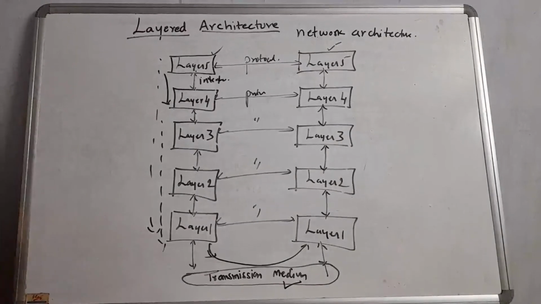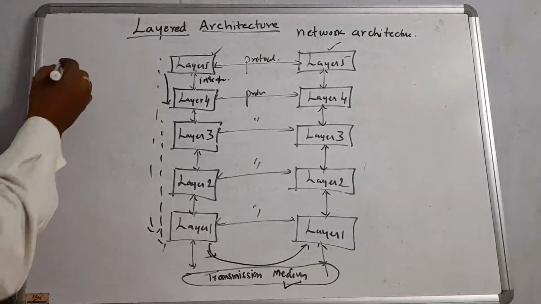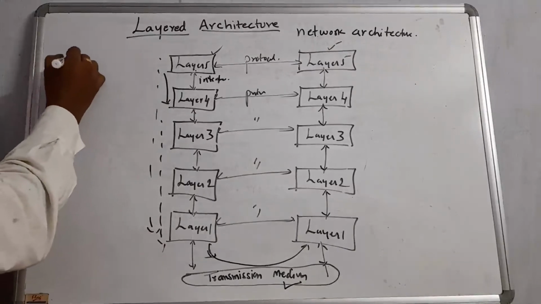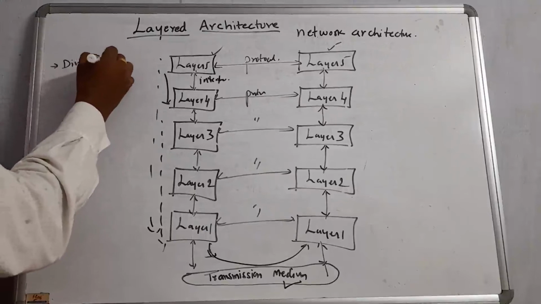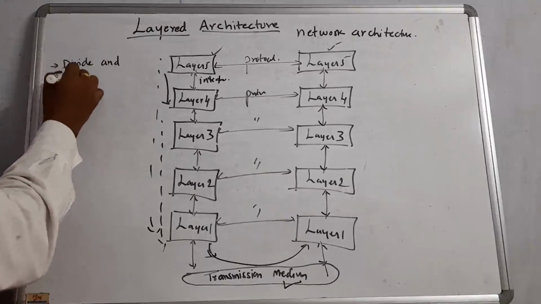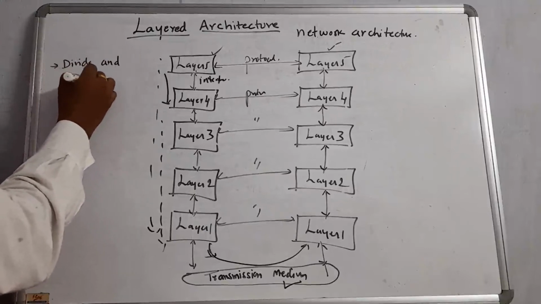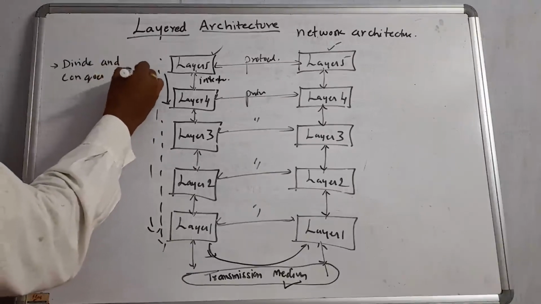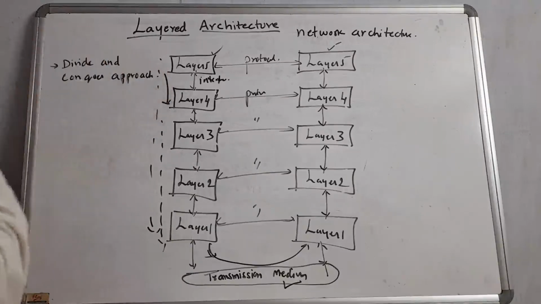So why do we require this layered architecture? We require it for the following reasons. The first one is the divide and conquer approach.